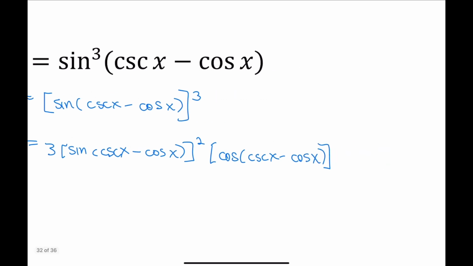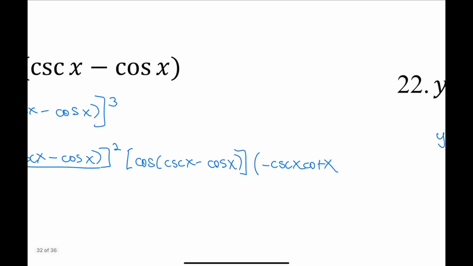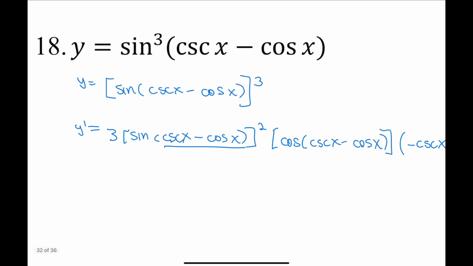Okay, and then also one more time, chain rule of the really inside, the deepest one, which would basically be negative cosecant x, cotangent x, and then plus sine x, right? Yeah, that is right.